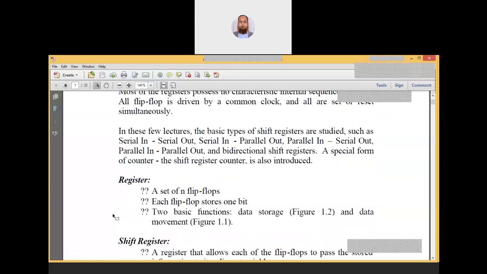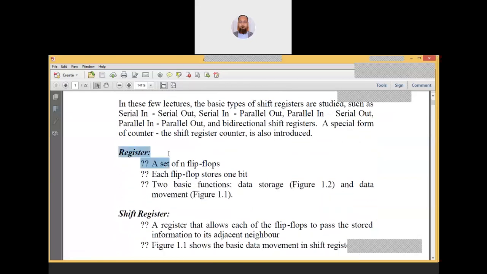So what is a register? As you know, it is a set of n flip-flops. If there are n flip-flops, normally we say it is an n-bit register.